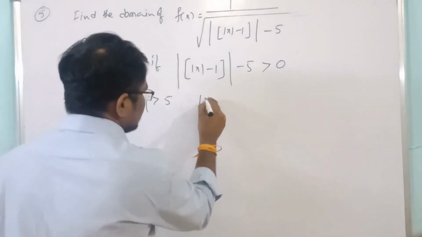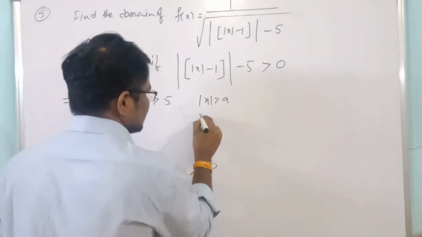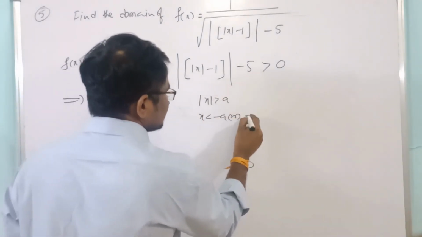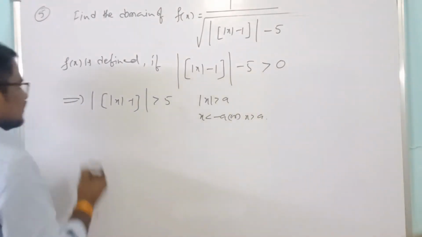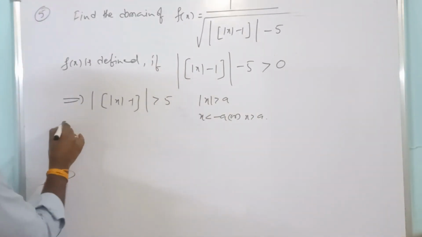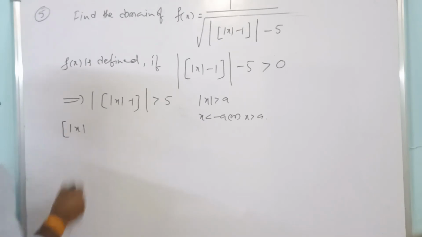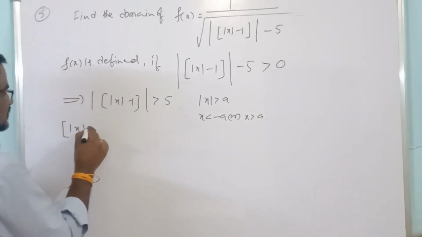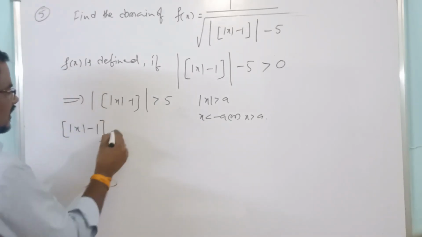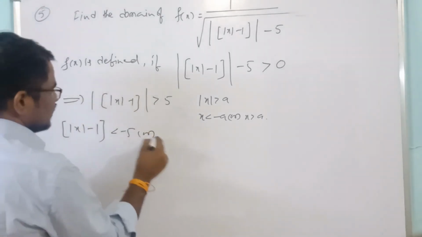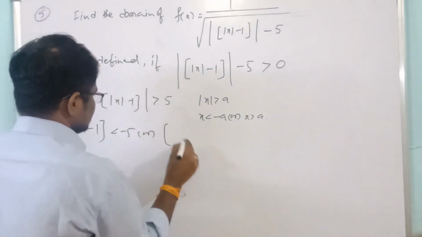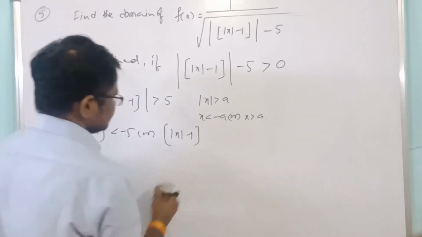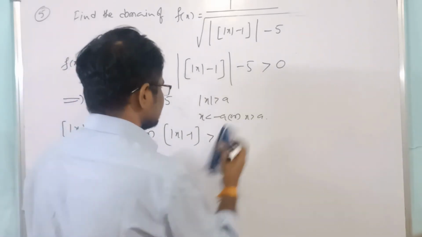So it is in the form of mod x greater than a, means x less than minus a or x greater than plus a. Now by that condition you can write it as greatest integer of minus mod x minus 1 less than minus 5, or greatest integer of mod x minus 1 greater than plus 5, right?